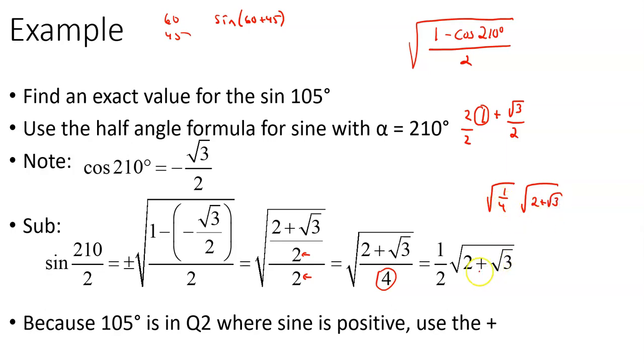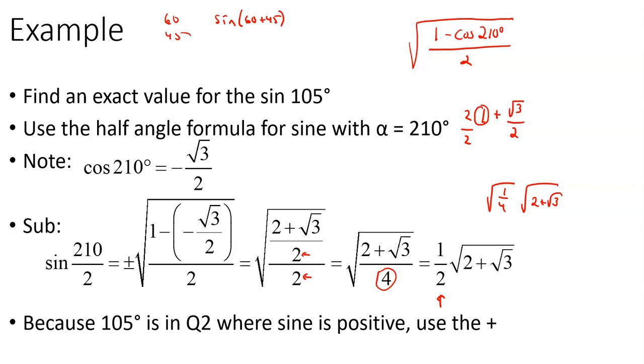The square root of a quarter is a half. So the half comes outside the radical here, and I'm left with 2 plus root 3. What that means is, yes, I have a radical inside a radical, and that's okay. These formulas sometimes come up with funky-looking answers. Then I need to figure out whether I want a plus or minus.